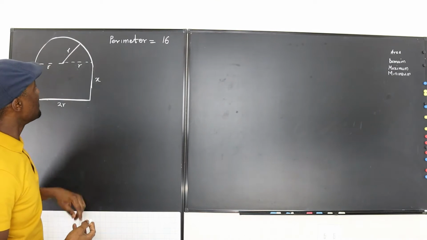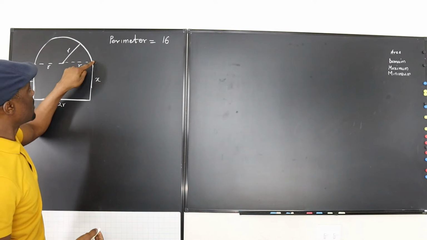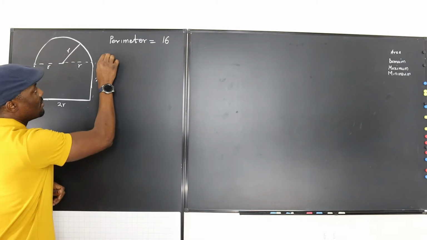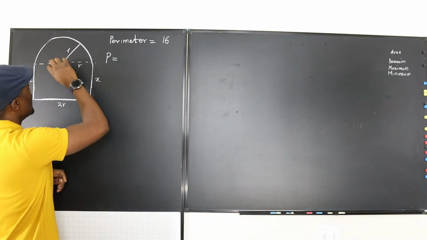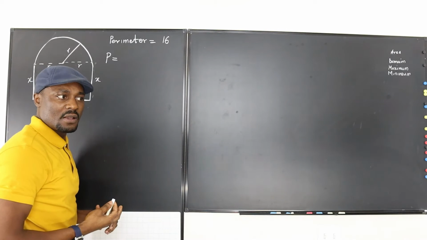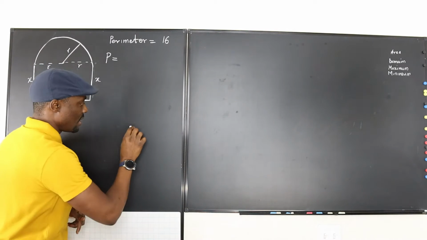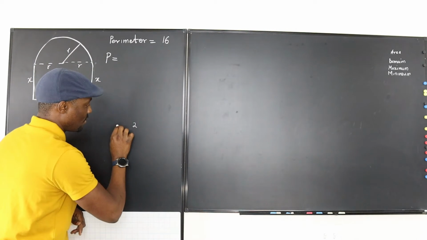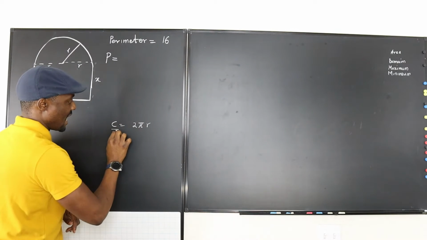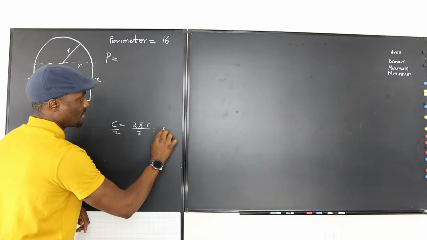So right now the perimeter is the length of this arc plus x plus 2r plus x. So we can say that the perimeter P is equal to the length of this arc. What's the length of an arc, or the length of a semicircle? Well, the perimeter of a circle is 2 pi r, and so half of that will be just pi r.